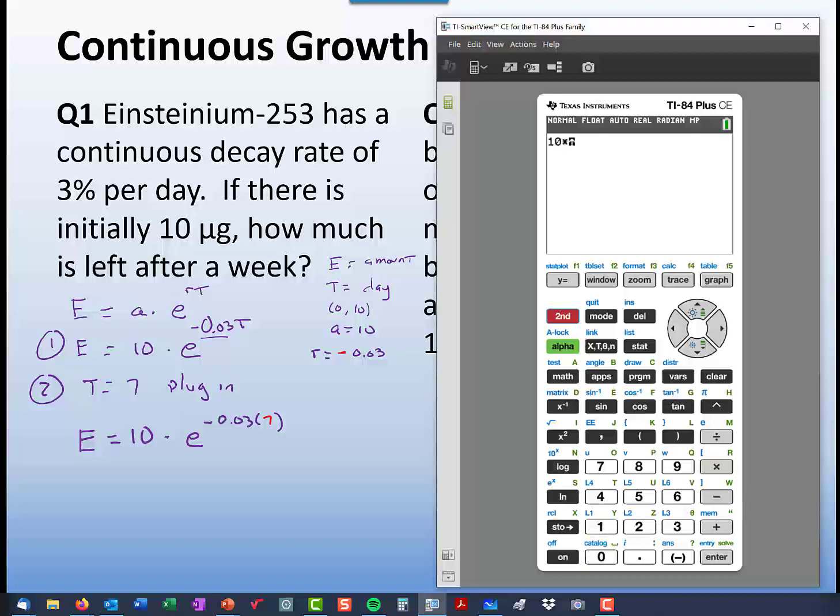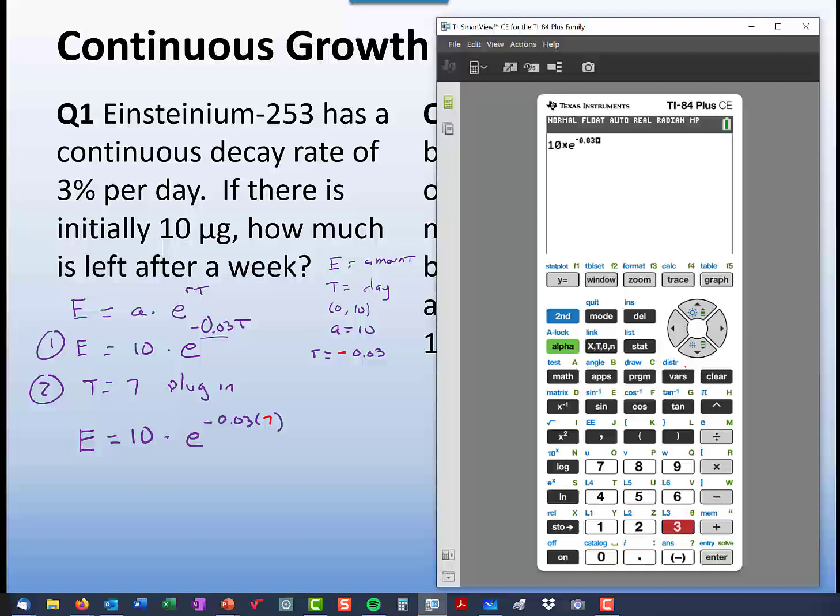I'm going to hit second and then hit the log button. See the log button in red? Since I hit the second button first, I'm activating the command above, the e to the x. Now, if you have the old operating system, you're going to have parentheses there, and you're going to have to type in the exponent with parentheses. But this has the nicer print, so it looks better.